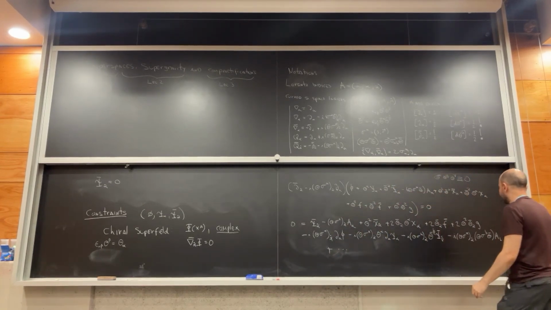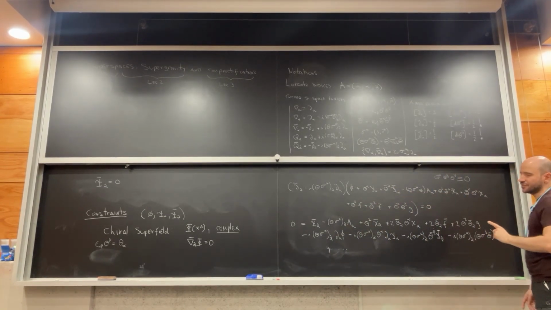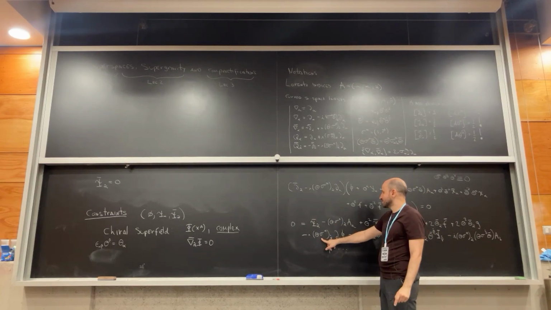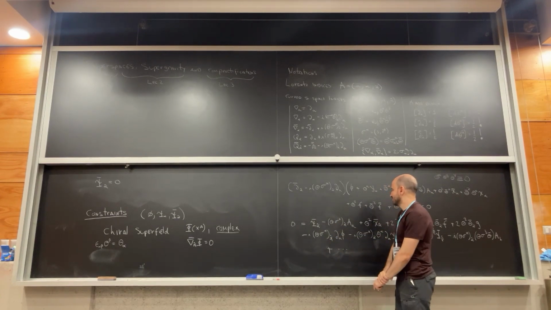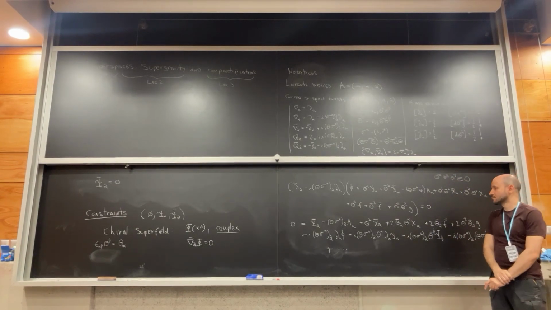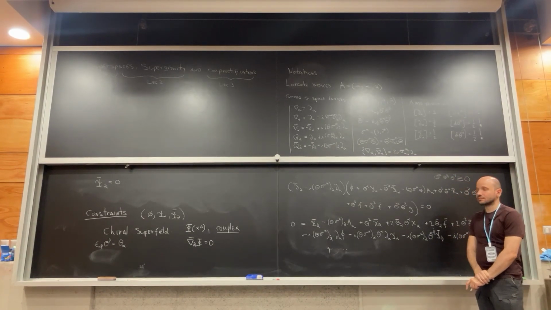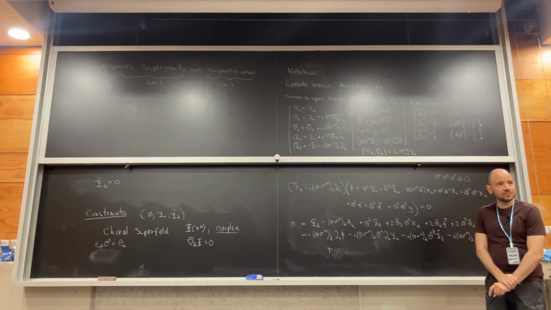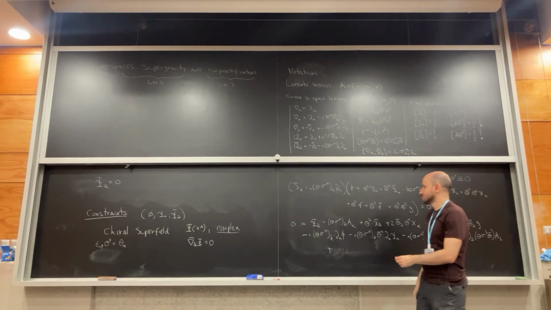So now I look for terms with only one theta. There is one here and another one here. What does it say? We have A_i minus partial phi equals 0.